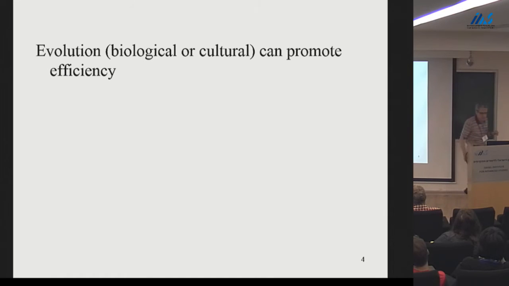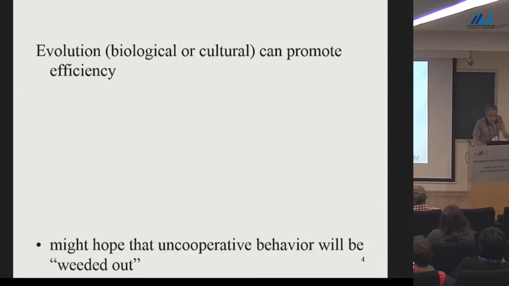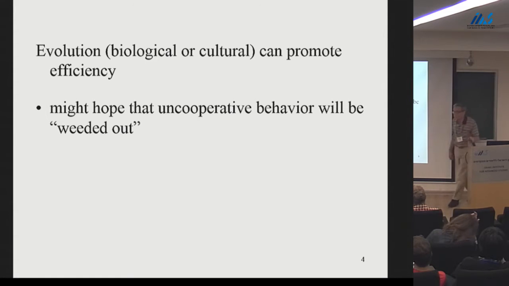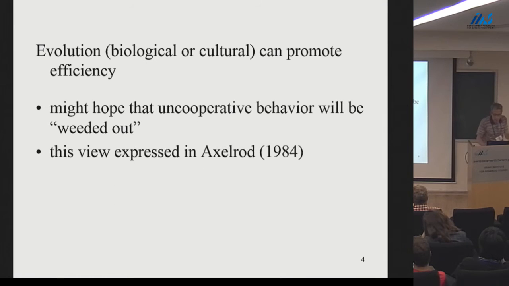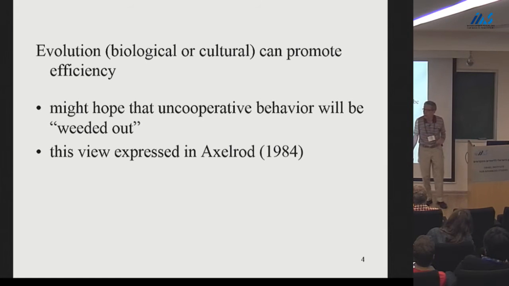But both kinds of evolution fall under the heading of the discussion. We might hope that evolutionary pressure will help eliminate or weed out uncooperative behavior, at least in the long run. And this is a view that was expressed quite forcefully in a book that came out about 30 years ago called The Evolution of Cooperation, a book by Robert Axelrod.